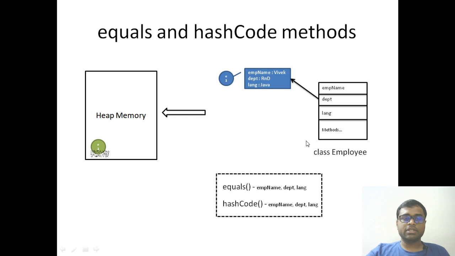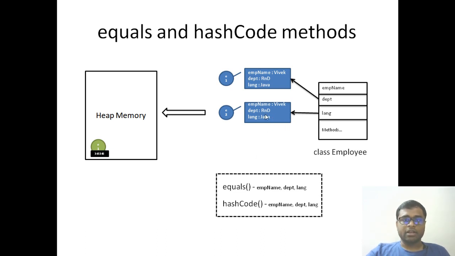Now, every single object will have some kind of hashcode value. We are going to talk about it in a while. Now let's say there is another object that we have created, which is object 2. In this object, we are going to give employee name as Vivek, same as the previous object, department as R&D, which is same as the previous one, and also the language specialization, which is Java.